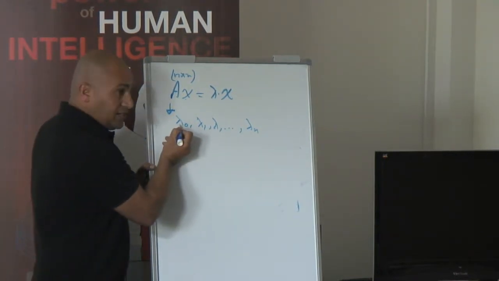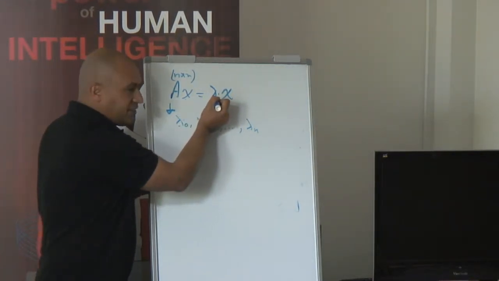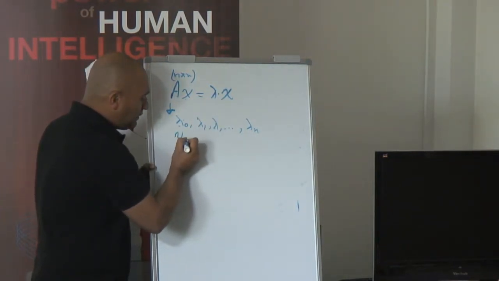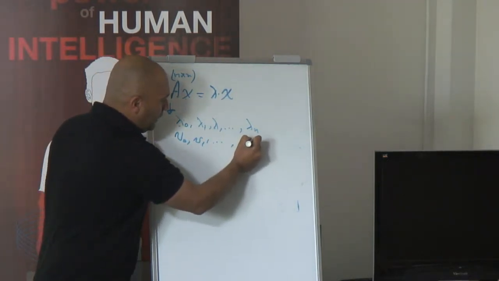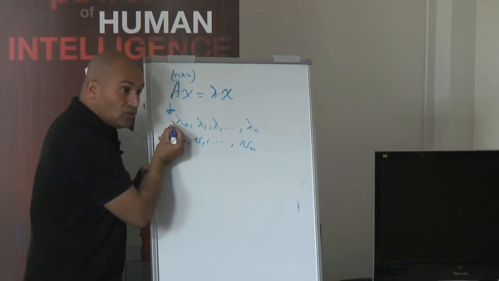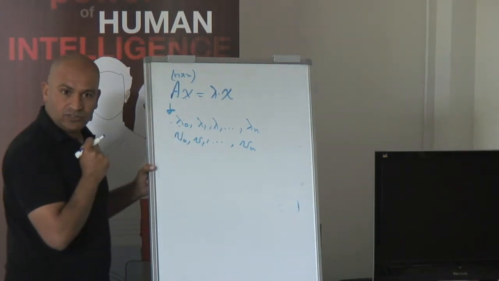If we plug every lambda here instead of this lambda, we will get vectors v0, v1, up to vn, which are independent vectors. These are called the eigenvalues, and these are called the eigenvectors.